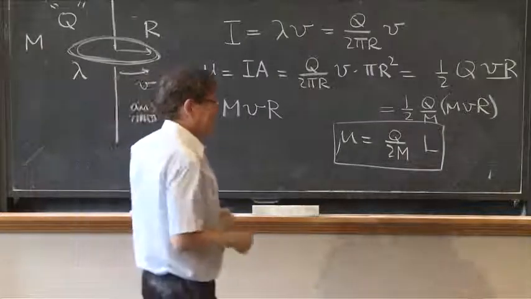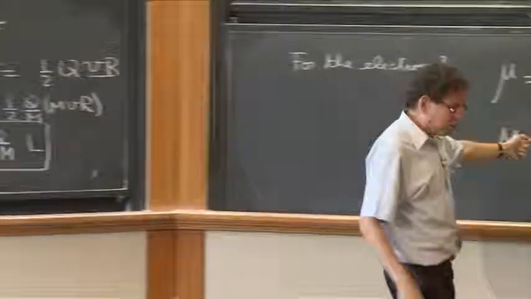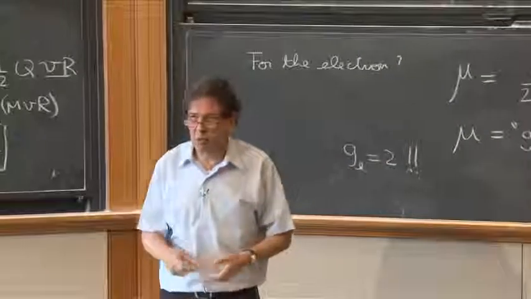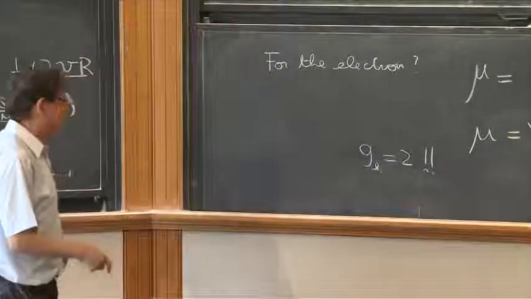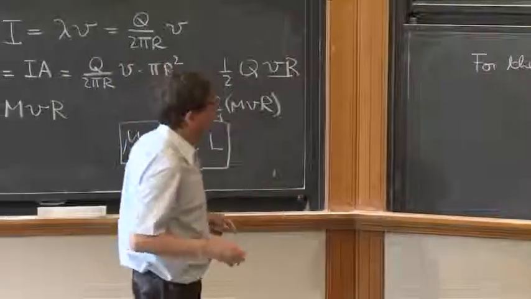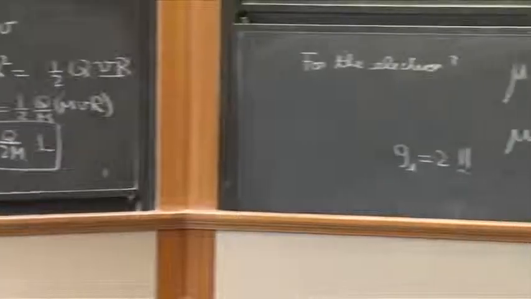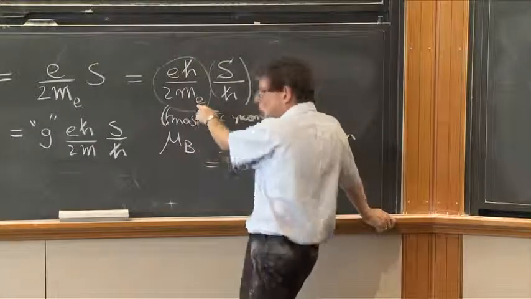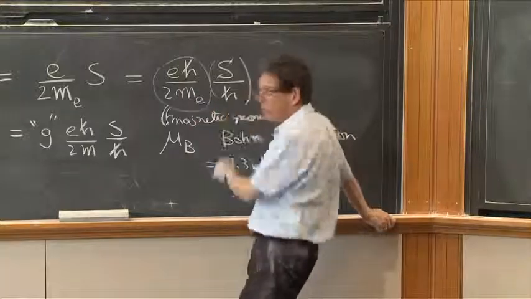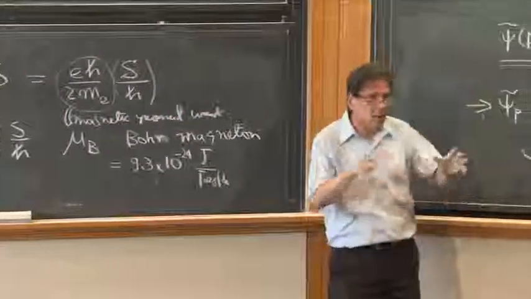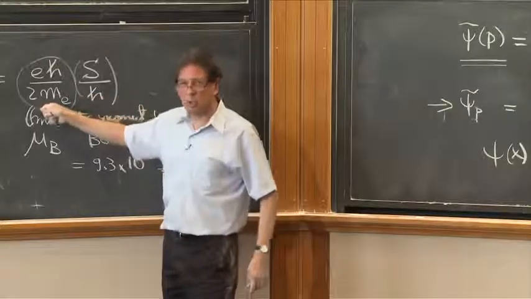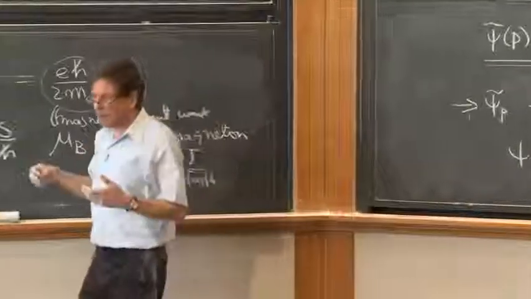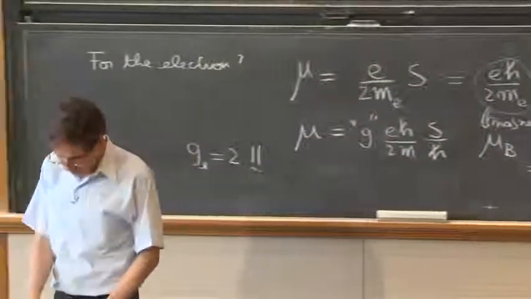For example, the value for a neutron, I believe, is minus 2.78 or something like that. It's a strange number. Another thing that is interesting is that this mass is the mass of the particle. So the magnetic moment of the proton or the neutron is suppressed with respect to the one of the electron. The electron one is much bigger because the mass shows up here. So for a neutron or a proton, the magnetic moment is much, much smaller.